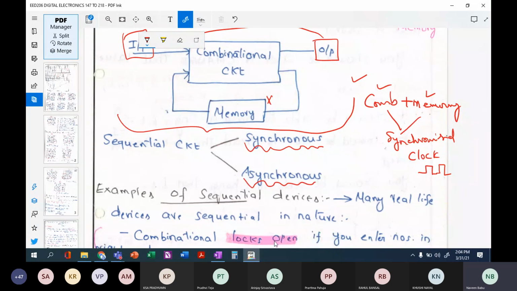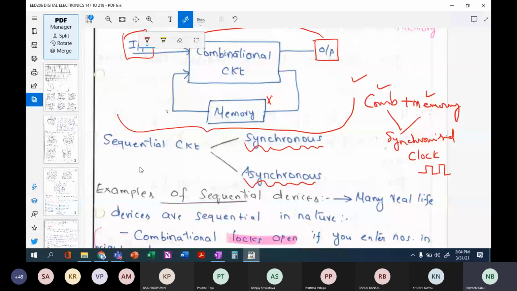Some examples of a sequential circuit: there are a lot of real life examples. Anything that you come across which has some kind of a memory element is a sequential circuit. A simple example is a lock, right? If you have a number lock, then that particular number code is stored inside your lock, so that is an example of a sequential circuit.